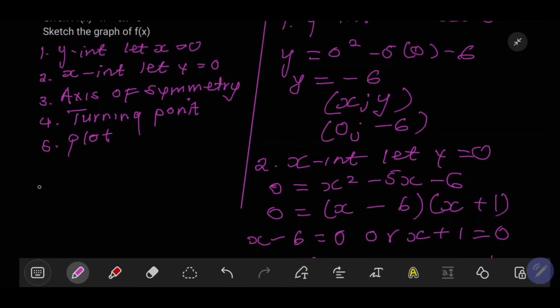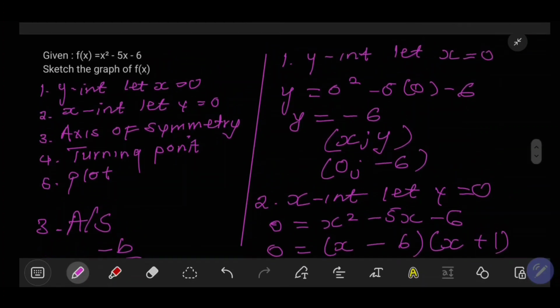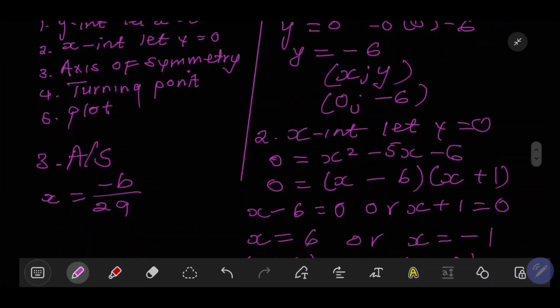To find number 3, which is our axis of symmetry, we know that the equation for the axis of symmetry is x is equal to negative b over 2a. Now we go to our equation. The coefficient of x squared is the value of a, the coefficient of x is the value of b, and this last value here is the value of c. So the value of b is negative 5.